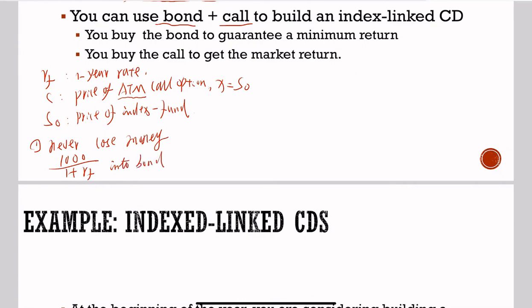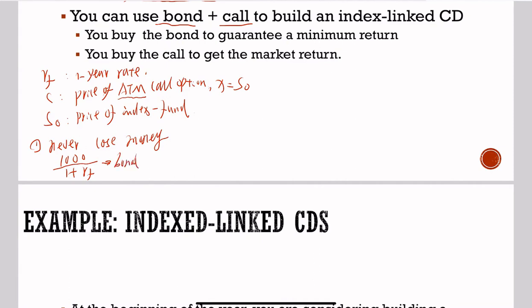Can you see why? Well, this is pretty easy, right? Because if you invested this amount into your T-bond, then after 1 year, this amount of money will become 1,000 divided by 1 plus RF times 1 plus RF. So it will become 1,000. So it's pretty easy to understand. You will basically allocate this amount of money into this T-bond.